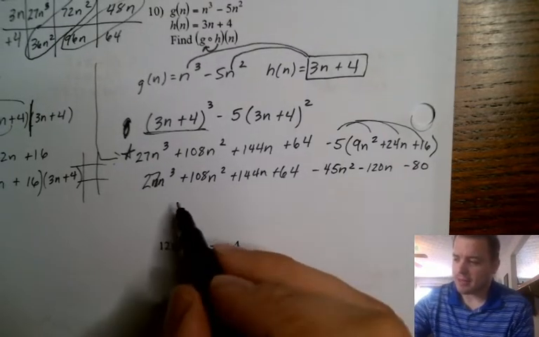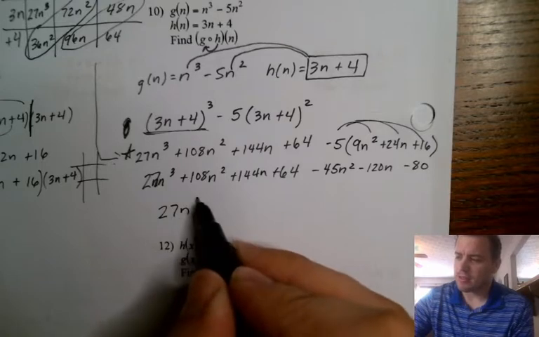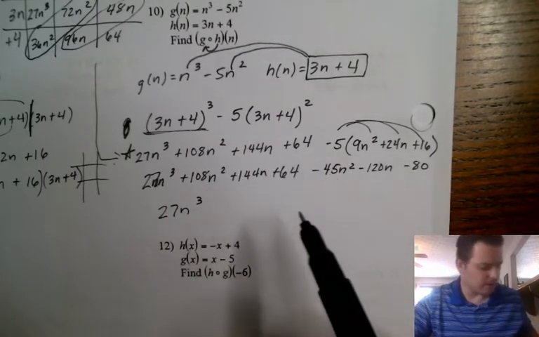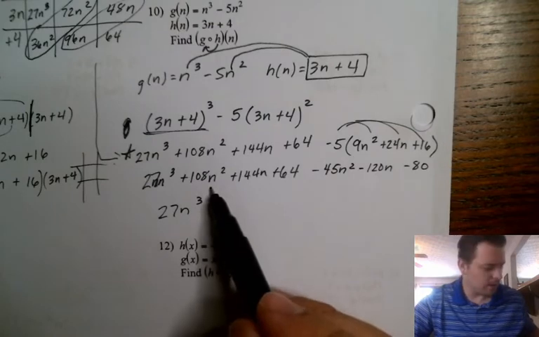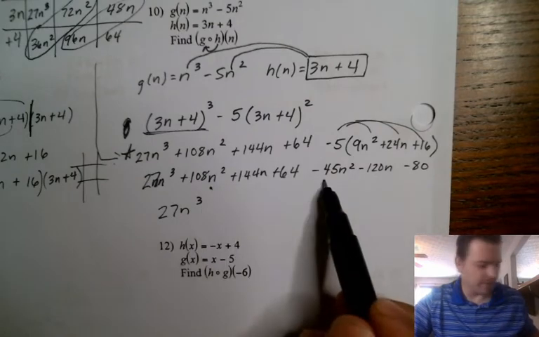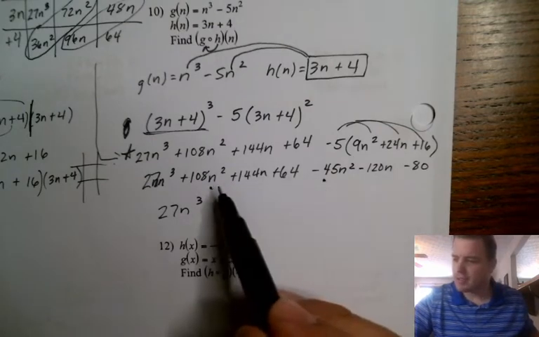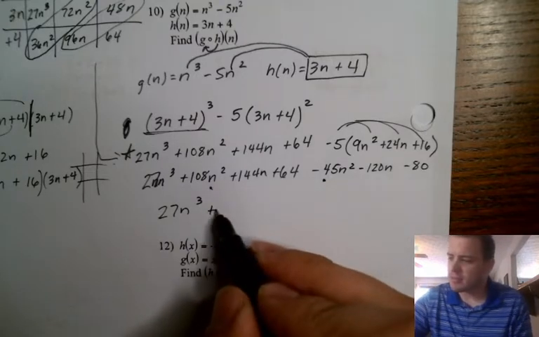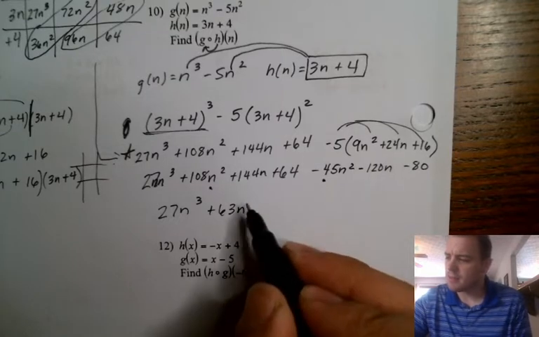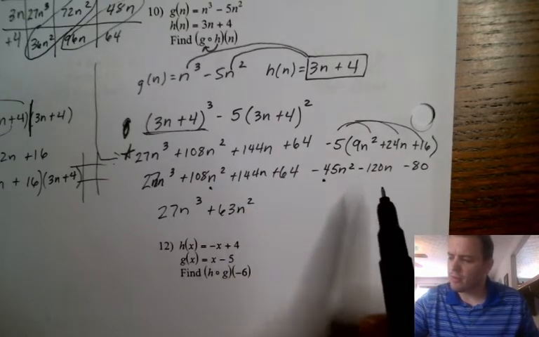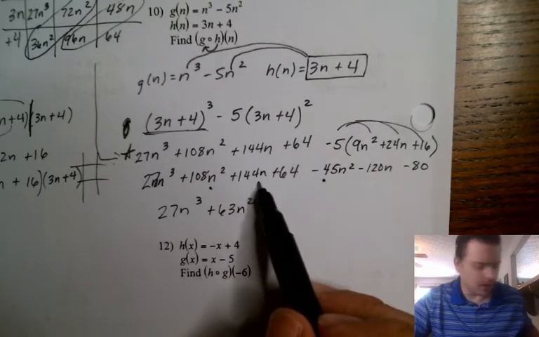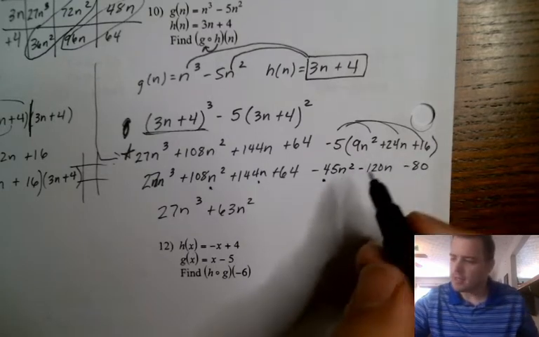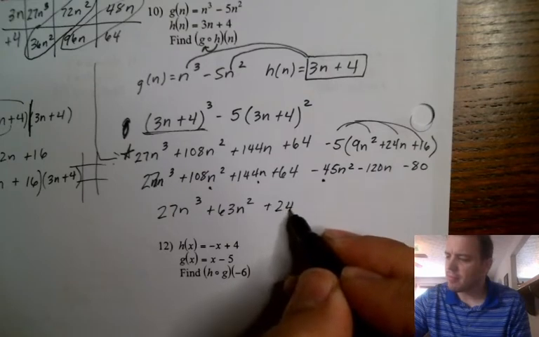Then just combine these like terms. 27n cubed, there's no other n cubed, but there is a 45n squared there. So say 108 minus 45, because they're like terms since they both have n squared. You get 63, so plus 63n squared. 144n minus 120, that's plus 24n.